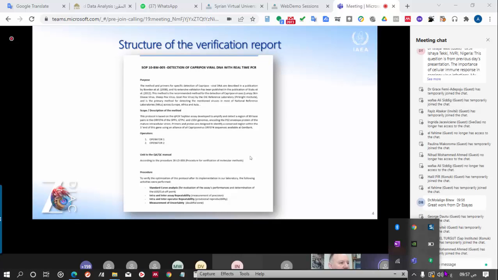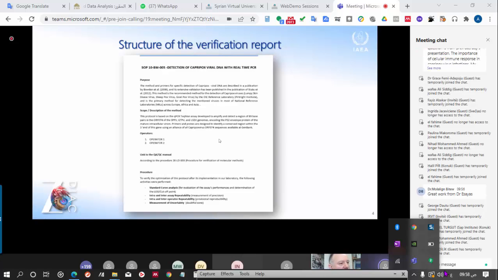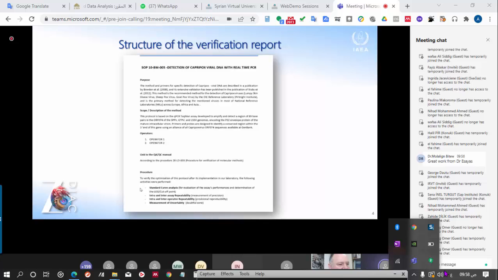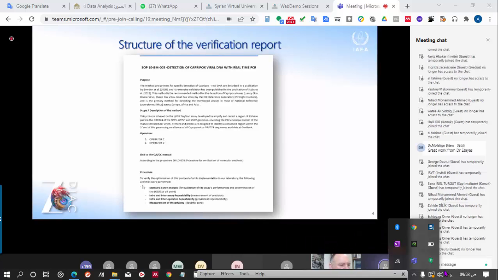Then, as I said, you should write the name of the operators involved, 1, 2, 3, or however many people you have involved in the verification study. You should put the link to your quality assessment and quality control manual, your quality management system. So you state the procedure for verification, and then you describe the procedure, what you have done to verify these performances.